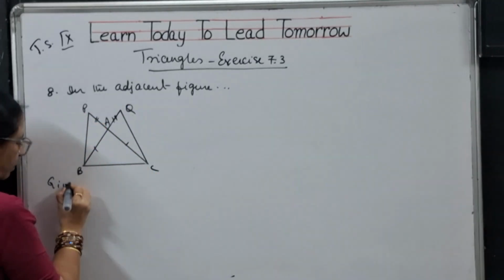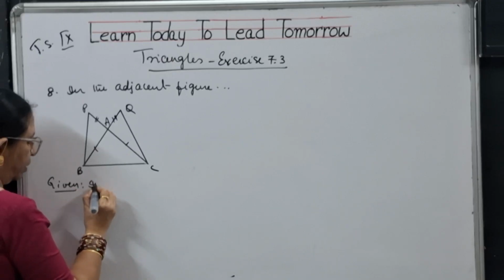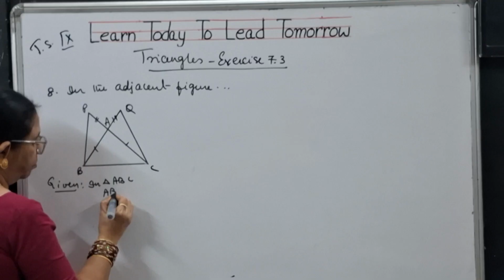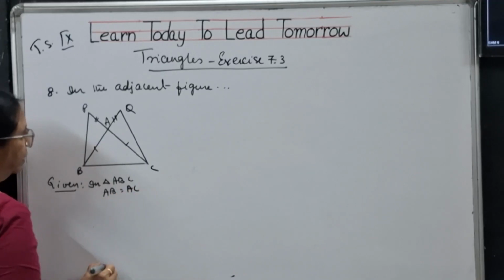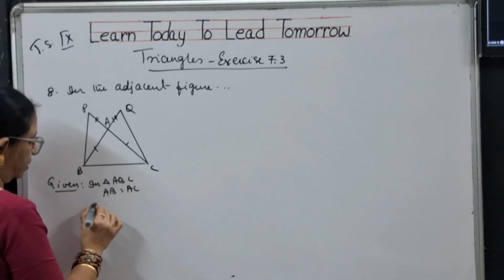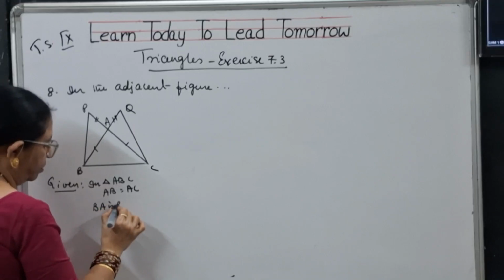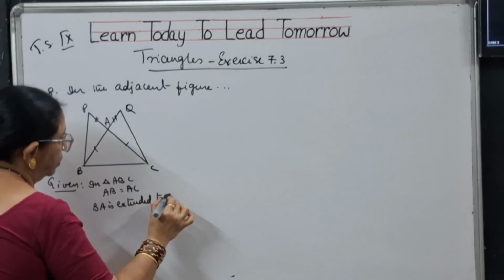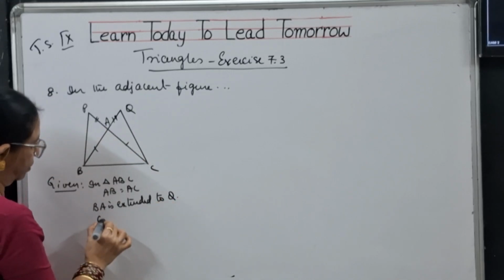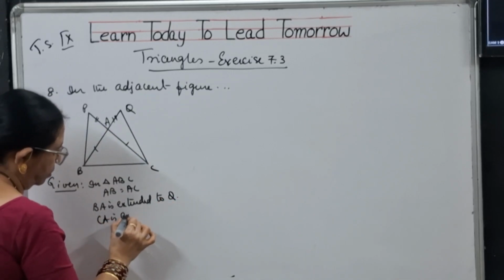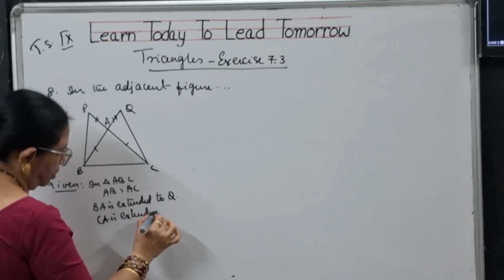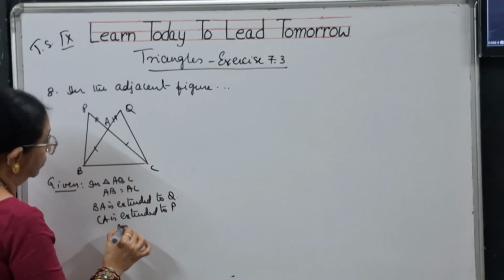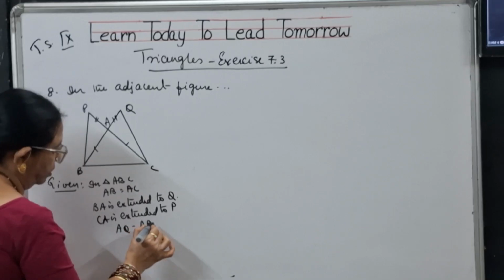So what is given to us in triangle ABC? AB is equal to AC and BA is extended to Q and CA is extended to P and AQ is equal to AP.